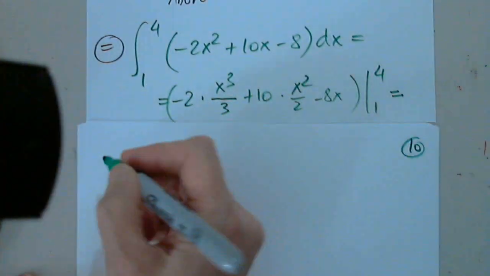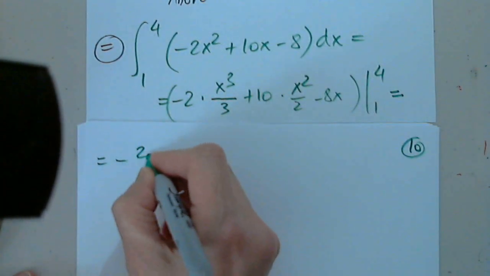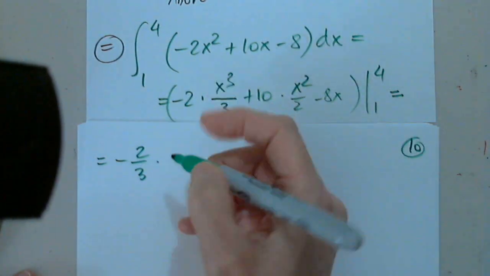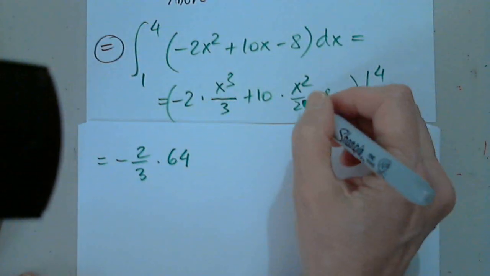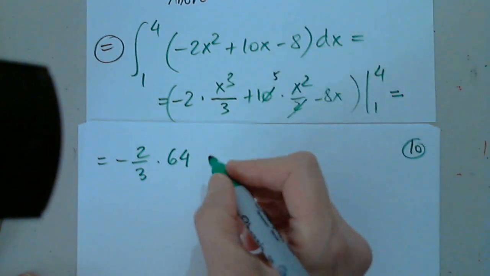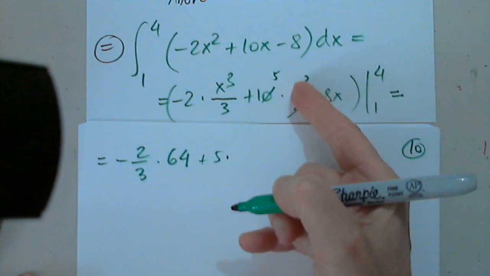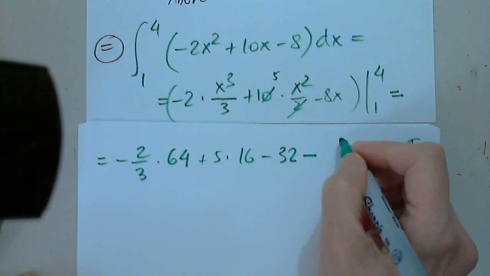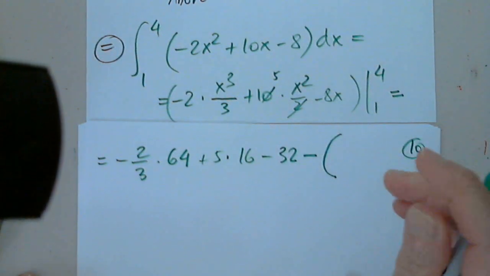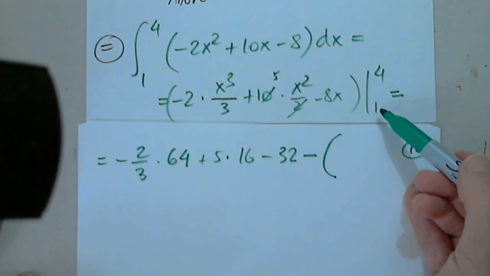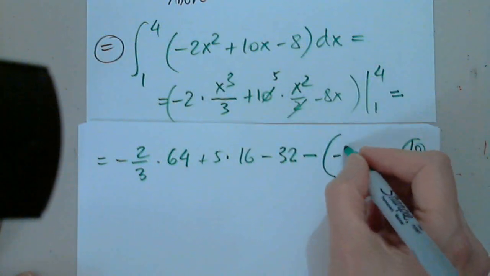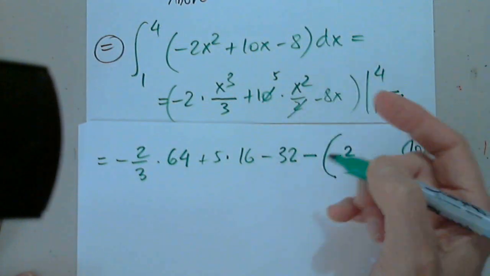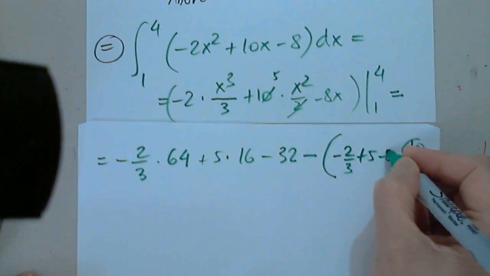I plug in 4 everywhere. So negative 2/3. 4 to the third is 64. Here I simplify. Plus 5, 4 squared is 16. Minus 32. Minus parentheses, please, so we don't skip anything or forget something. Negative 2/3 plus 5 minus 8.